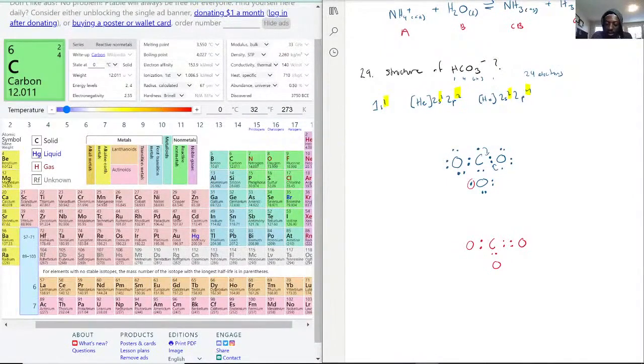Double bond, 2 more, and then this one is going to have that one like this, and this one is going to be like that. So with that being said, this is what we have so far. Now we have space for the hydrogen.